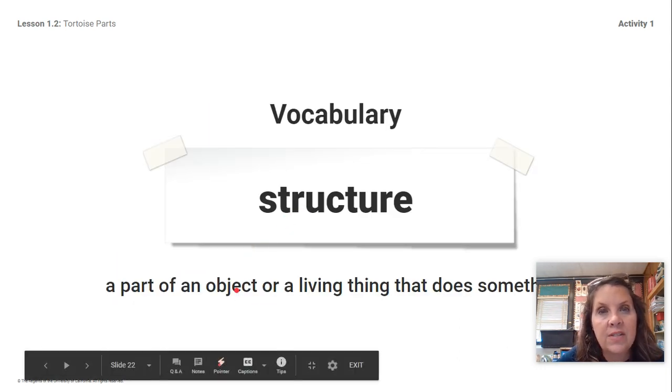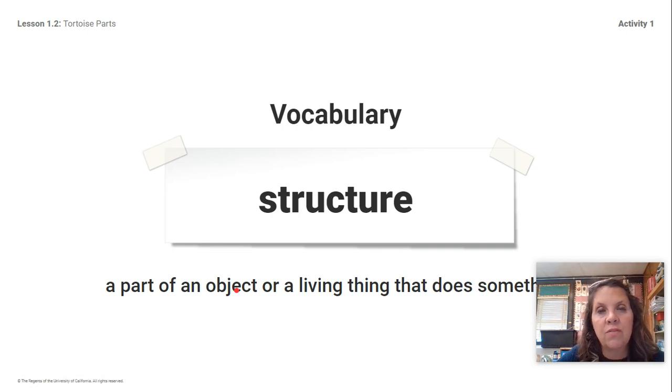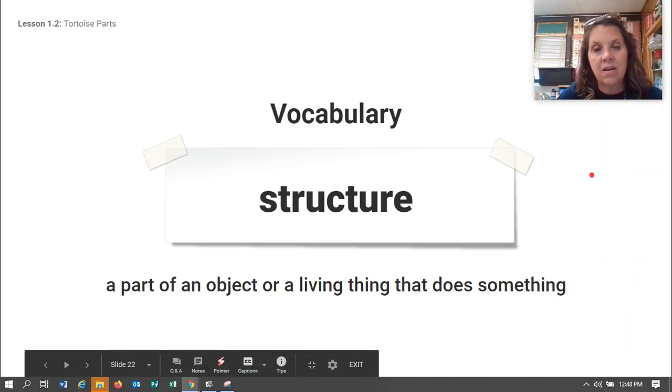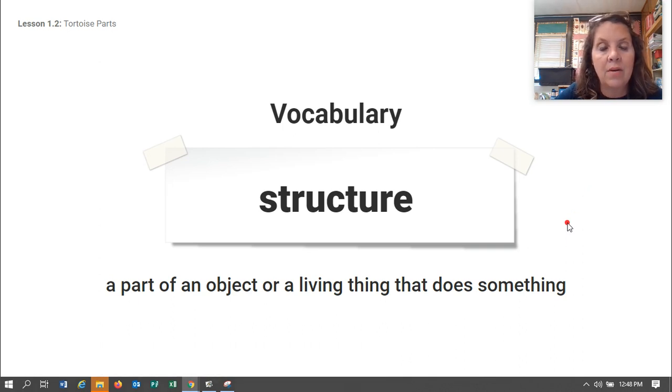All right, so before we go into Seesaw for me to show you what to do, there are some vocabulary words that we just had in our book that it's important to know. A structure is a part of an object or a living thing that does something, has some sort of a job. So one body structure that humans have would be 2 hands, 2 feet, 2 eyes, 2 ears.